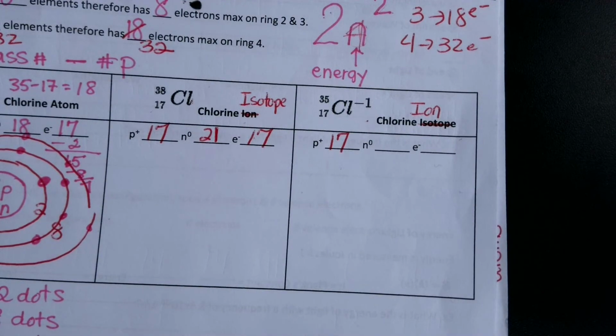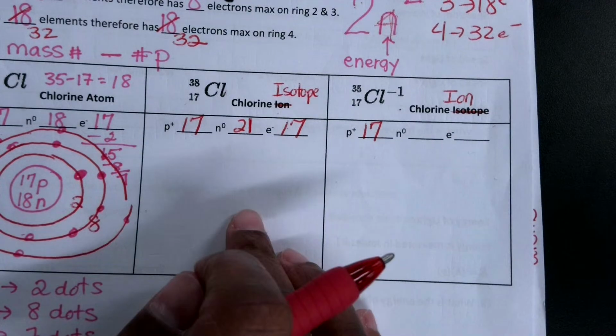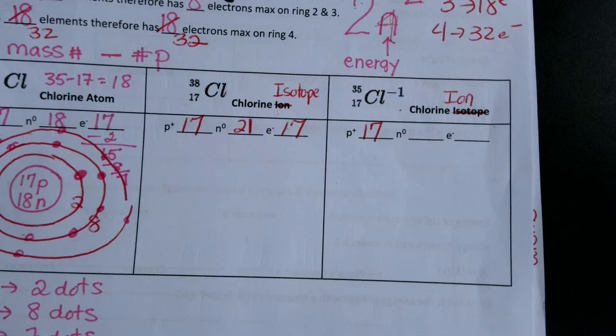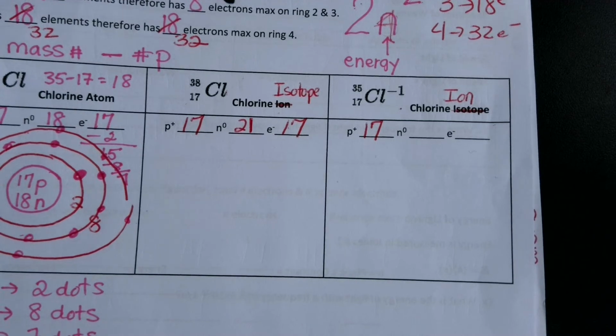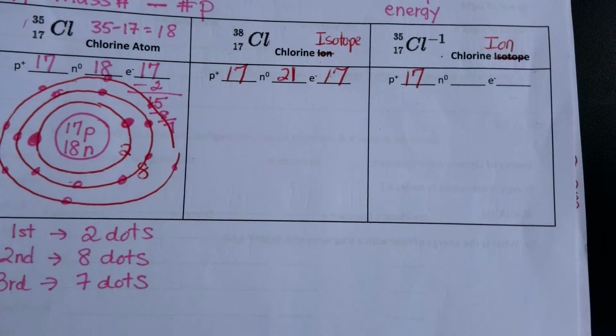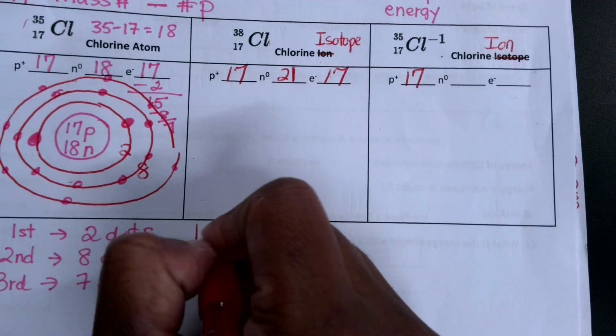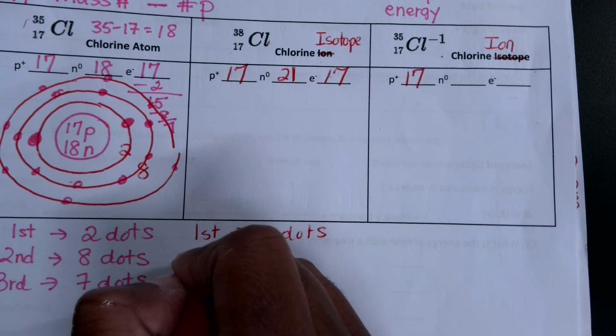So, the third energy level can hold up to 18 electrons. So we're going to make the same drawing, except that we're going to have 21 neutrons, and then we're going to place all of the dots. So the first row would have 2 dots. We have to add them up to 21.